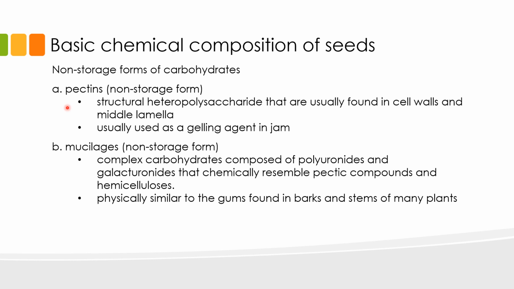Pectins can be used in jam making as a gelling agent. Mucilages, on the other hand, are carbohydrates composed of polyuronides and galacturonides that chemically resemble pectic compounds and hemicelluloses. They usually envelope seed coats and help in water absorption during water imbibition of seeds. They are physically similar to the gums found in barks and stems of many plants.